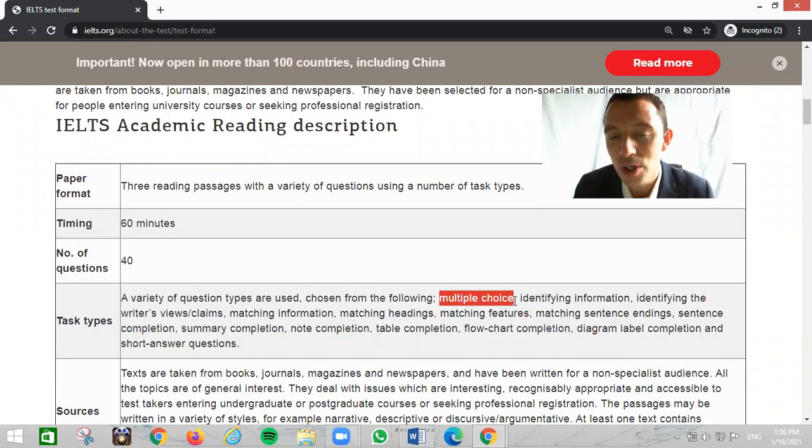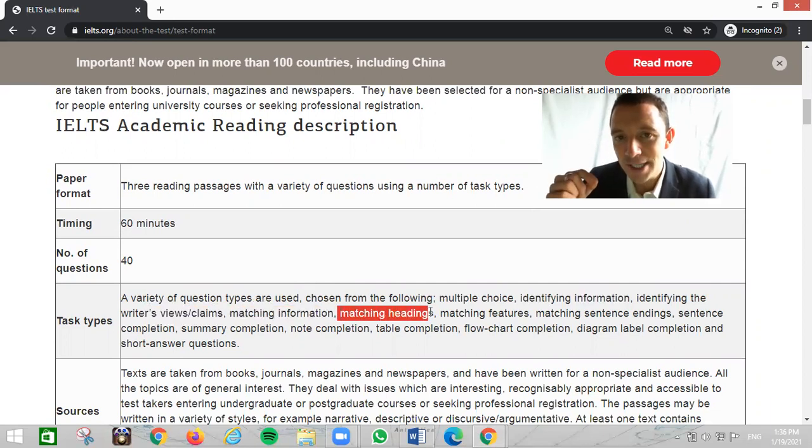You have possible multiple choice, identifying information, identifying the view or the claim of the writer, matching information, matching the headings. Okay, so matching the headings from the text with the questions. Again, more matching features. So not necessarily headings, it could be other parts that you have to match.